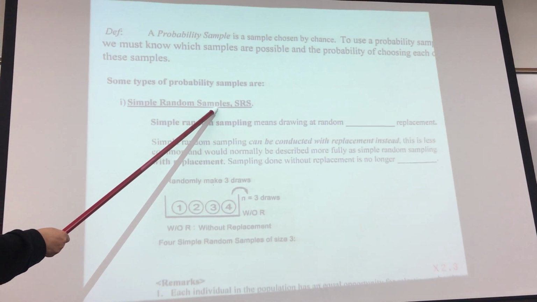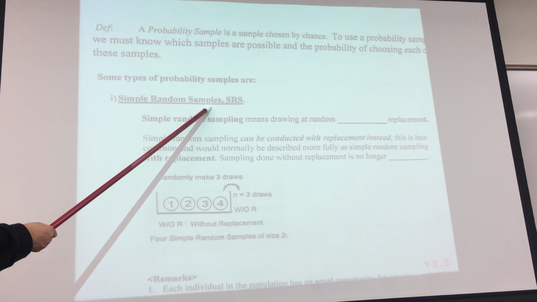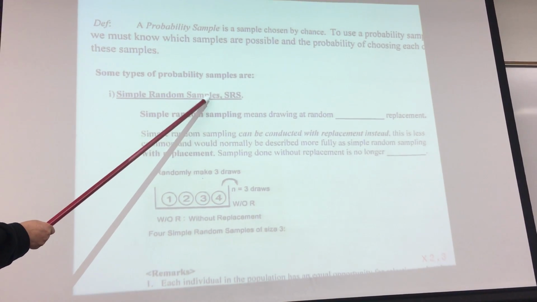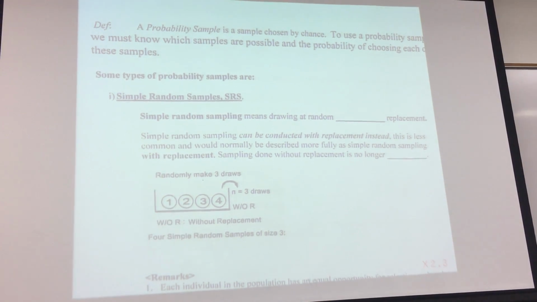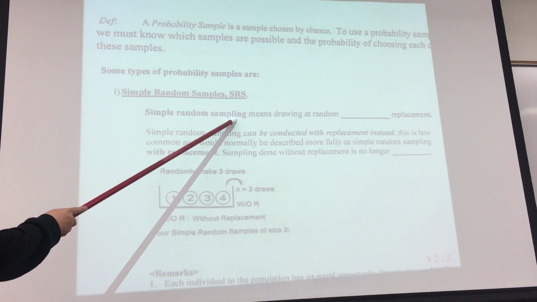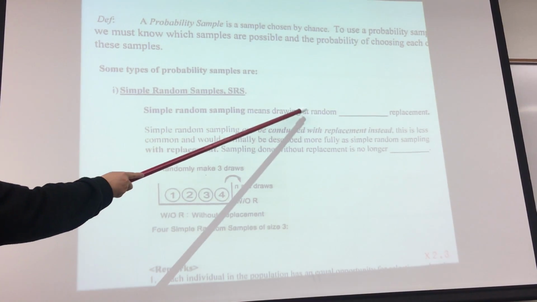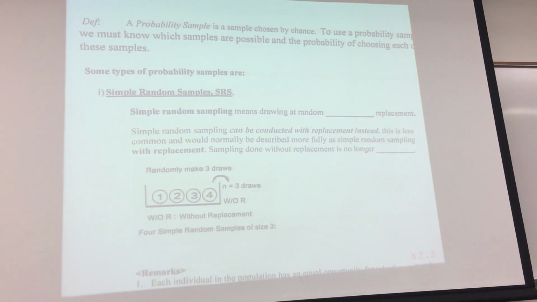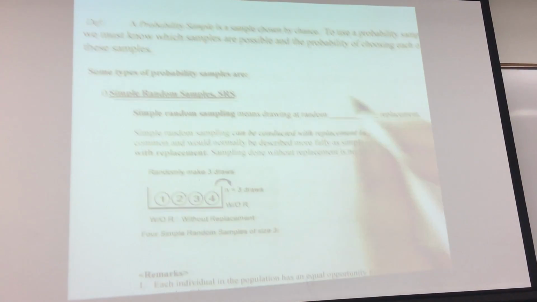This is the most important one, okay? This is the theoretical foundation for all sampling theory. It begins with what? The simple random sample. And let me explain what a simple random sample is. It's a very easy concept. Simple random sampling means drawing at random without replacement, okay? Fill in the blanks: without replacement.